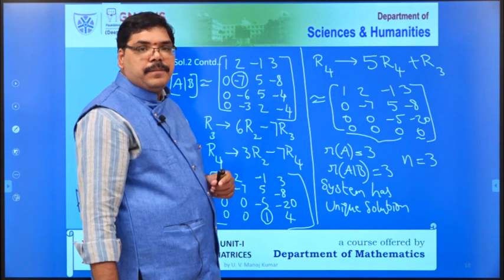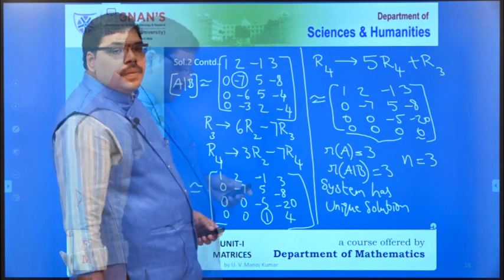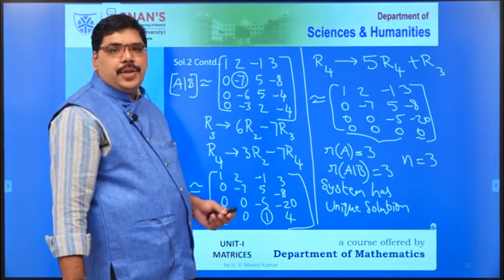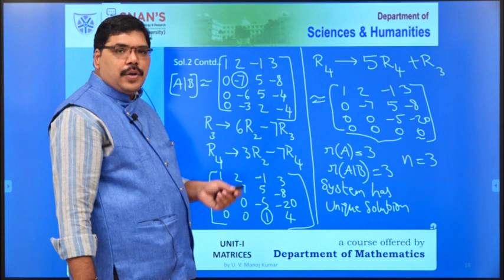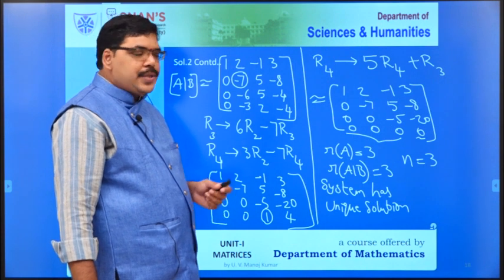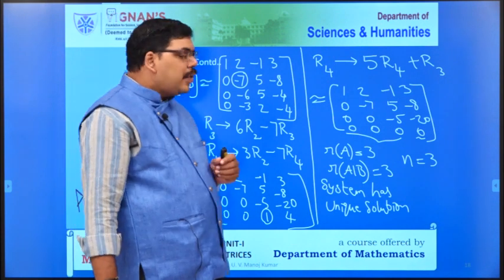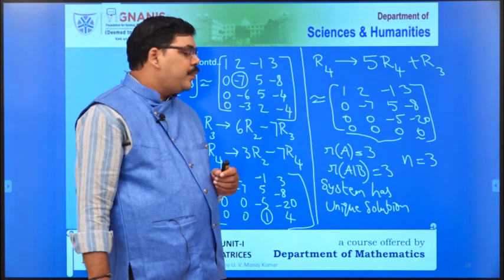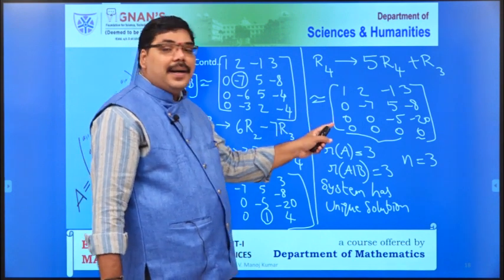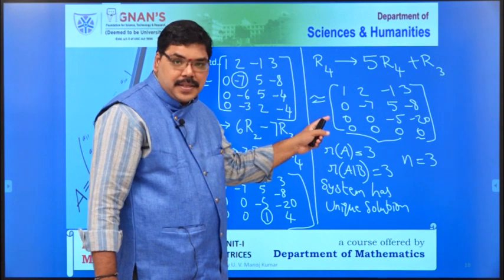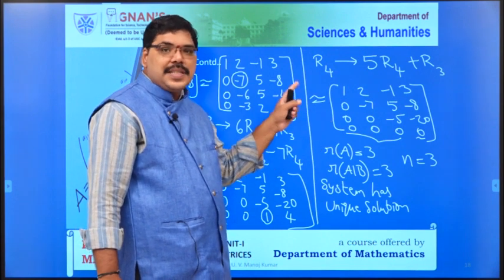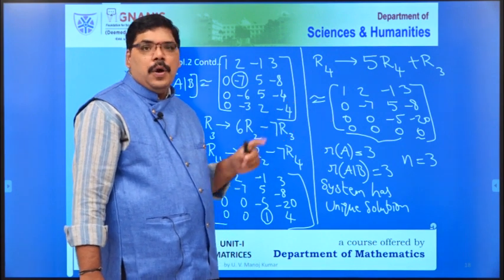Yes, we can. How? We will see now. We will find the solution of the present system after knowing that it has a unique solution. For that, what we have to do? For that, we have to write the reduced matrix into a system of equations.